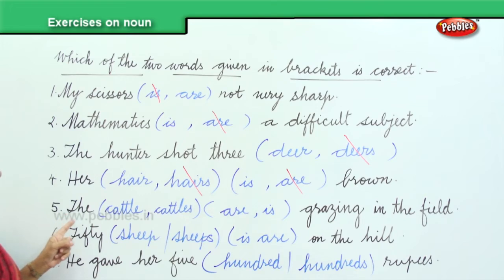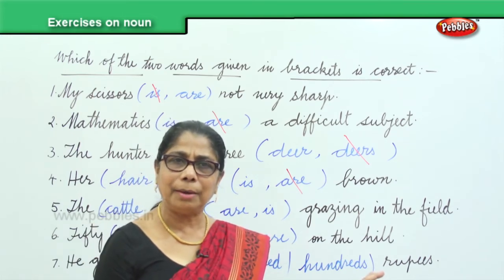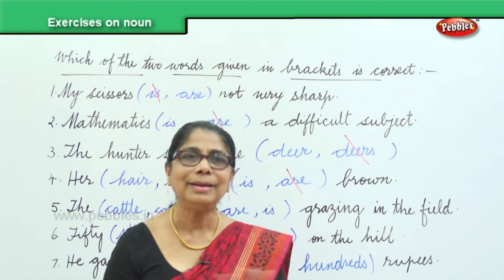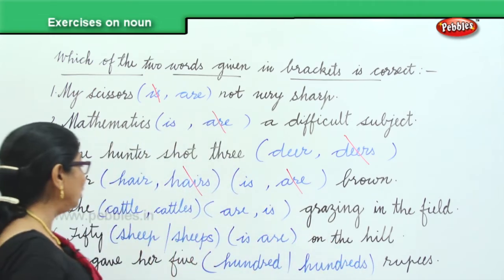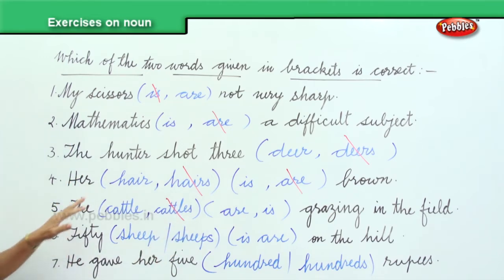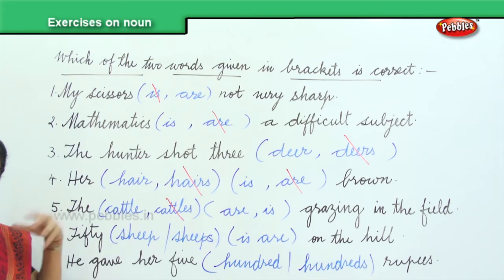The next one we have is the cattle, cattles. Cattle is all the animals in the farm. You cannot say cattles. So cattle is for number of animals on the farm. So the plural form is cattle and not cattles. Now here, the cattle means number of them are more than one.